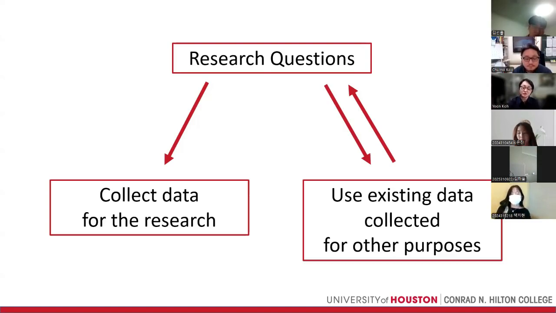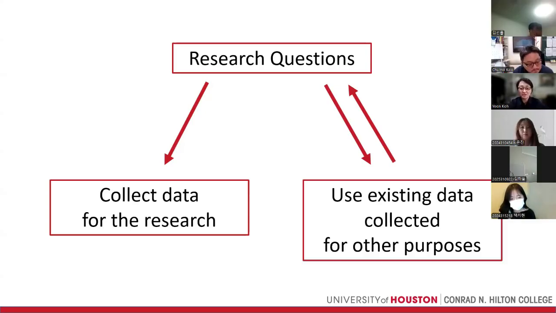So if you're using secondary data, or existing data collected for other purposes, it can go both ways. For the left side, if you're using primary data, the other way doesn't work, because the data is collected for a specific research and doesn't exist before collecting data.